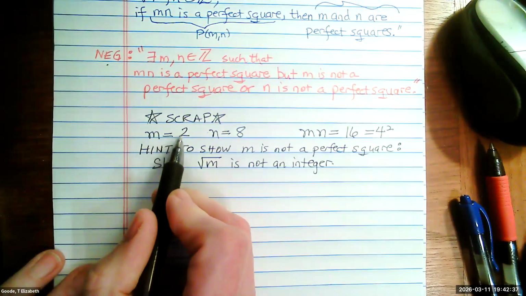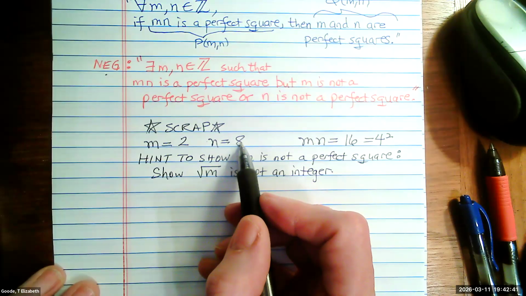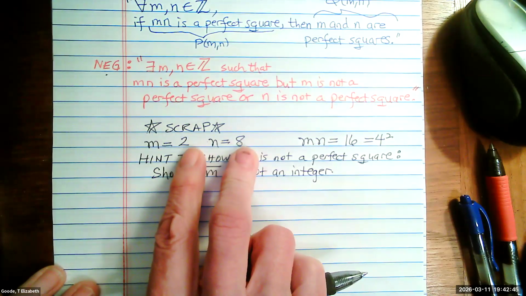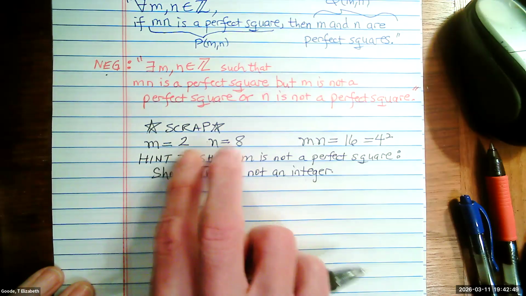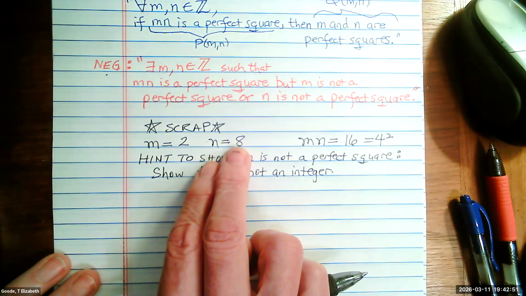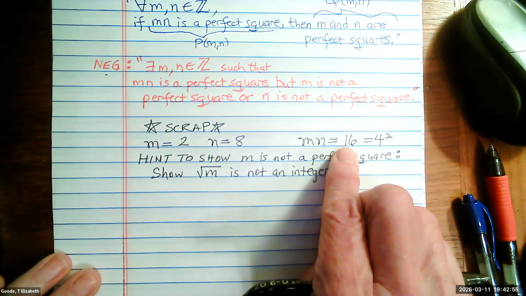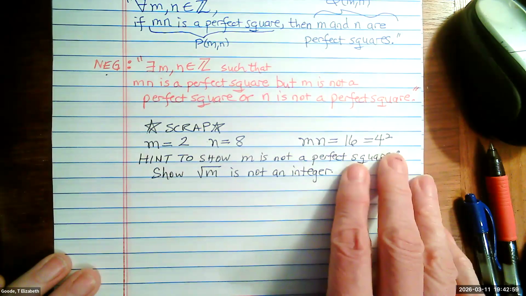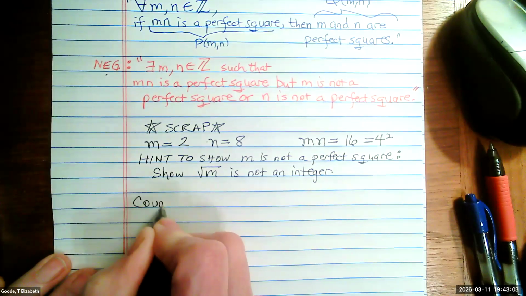We know that the square root of 2 is not an integer. And in fact, the square root of 8 is not an integer either. You actually don't need both of these to not be perfect squares. But in fact, if one of them is not, the other one won't be either. This mn, 16, is a perfect square because the square root of 16 is an integer, namely 4. So this is great. This is going to work for our counterexample.